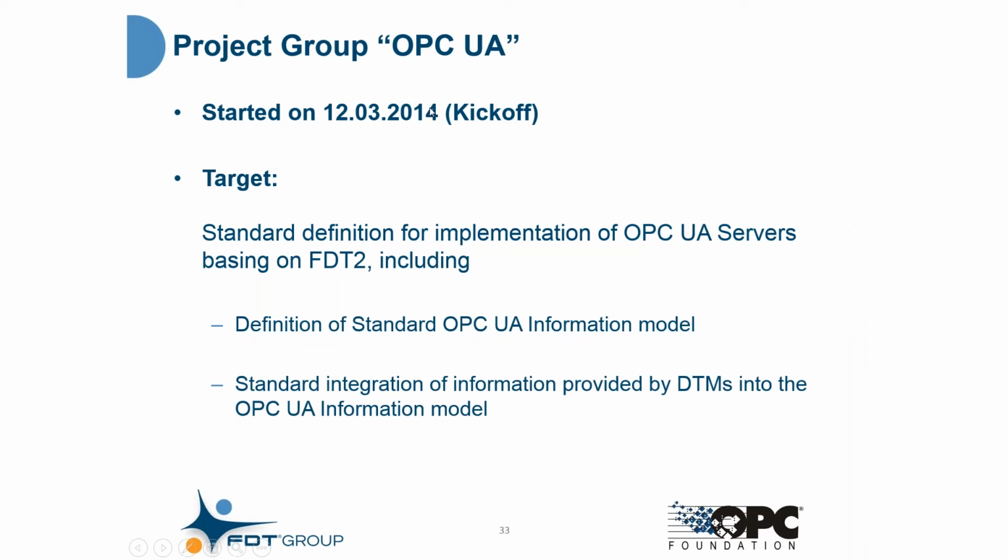FDT2 at this point in time was very new, and basically what we wanted to do was define an OPC UA information model to represent the information from the DTMs, and define a mapping from information provided by the DTMs into the OPC UA information model.